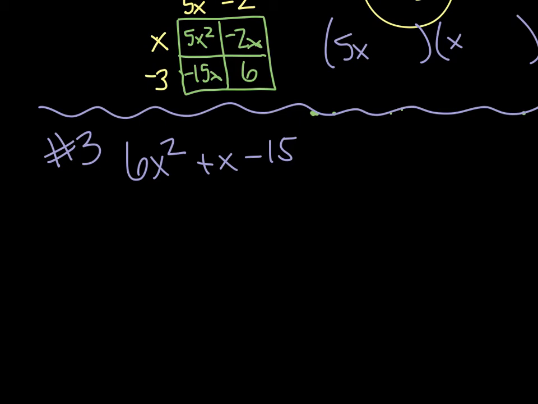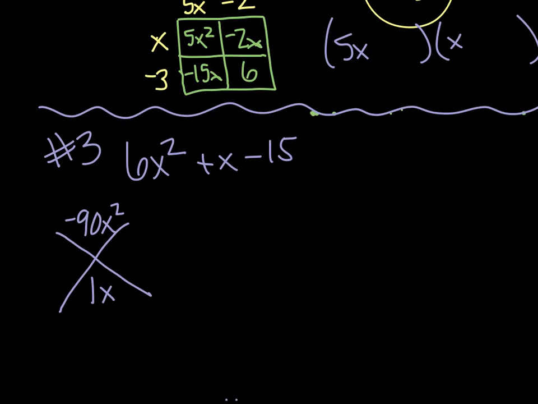Okay. So again, first times your last goes in the top. So 6 times negative 15 is negative 90. And I'm just going to go ahead and keep my x squared there. And the middle term goes in the bottom. So 1x. So what multiplies to get us negative 90 and adds to get us 1?